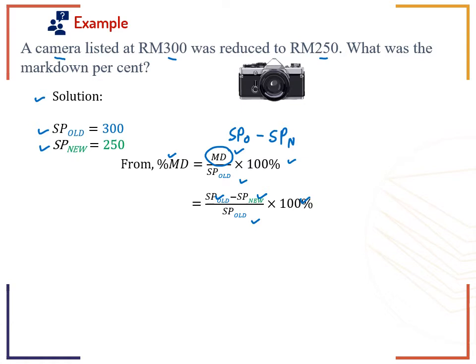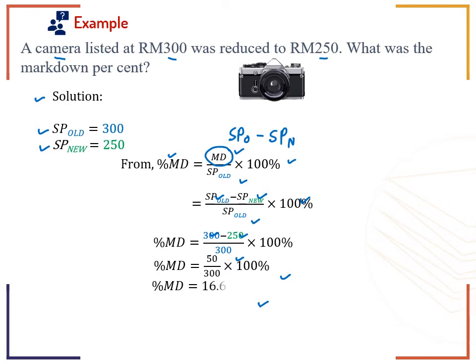Now replace the value of old selling price with 300 and new selling price with 250 and solve it. So the percentage markdown of a camera is 16.67%.